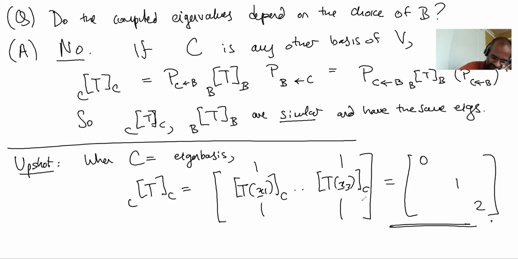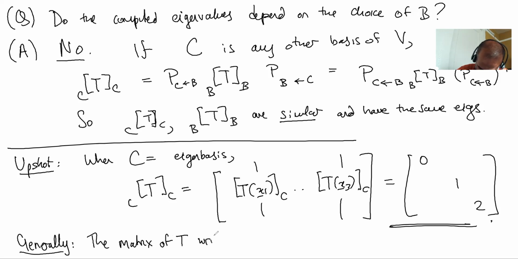So it's the same idea, just in the more general context. So general principle, the matrix of T relative to, I guess is the word the book is using, an eigenbasis is diagonal.